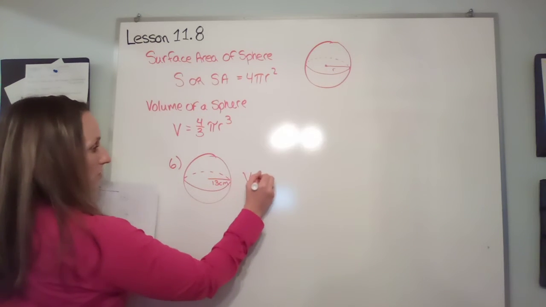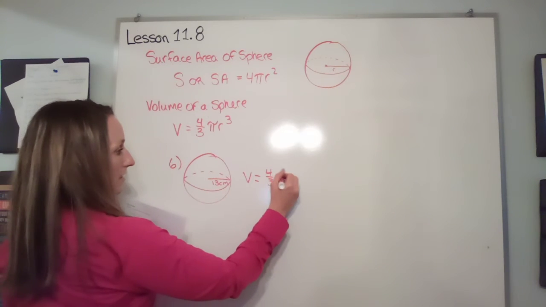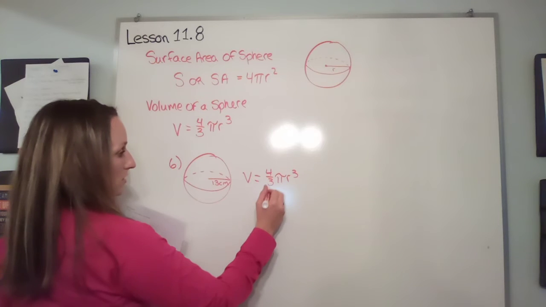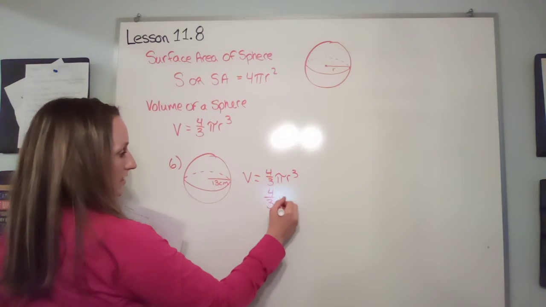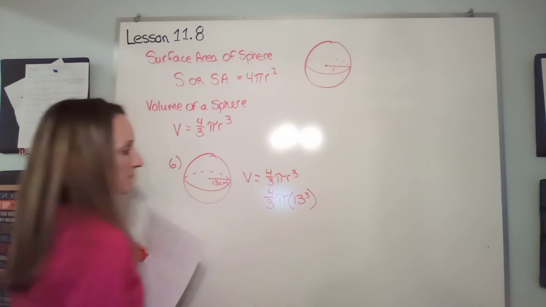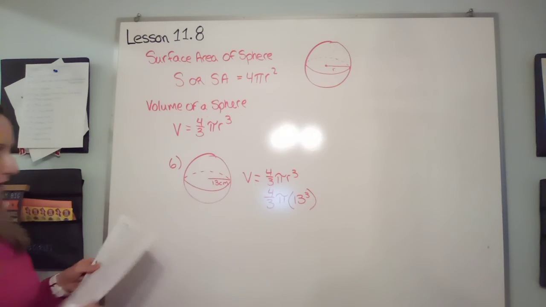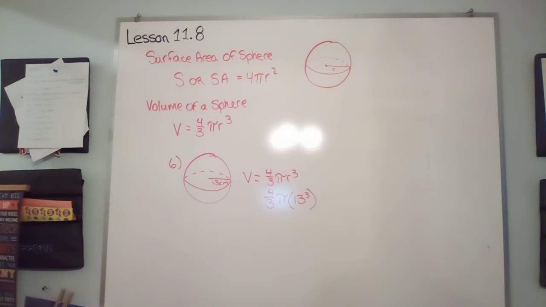We want the volume. The volume formula is right here. It's 4/3 pi r cubed. So you just substitute the radius in, 13 cubed. Make sure you cube the 13, then multiply by 4 over 3. And when you do that, I'll show it on the calculator because it's a big number.